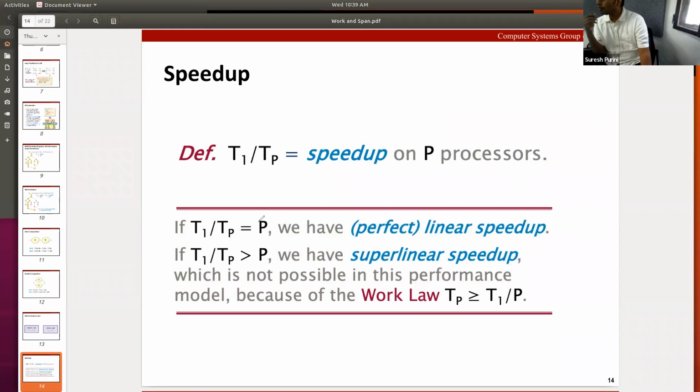And did you get any perfect linear speed up on your machine when you are working on the BLAST programs? If not perfect, near perfect, or where do you stand? What is the best speed up you got? Of course, it depends on the problem. It depends on the cache.